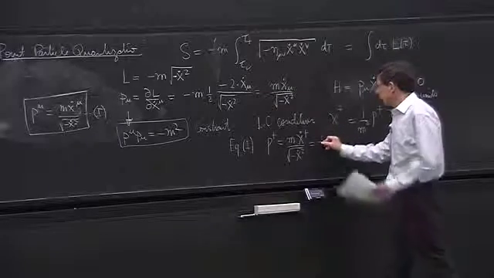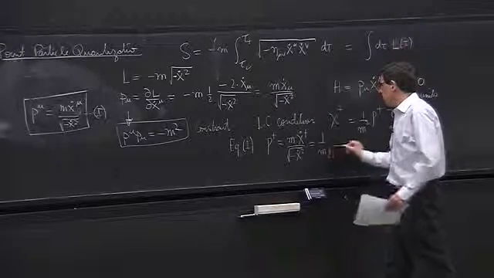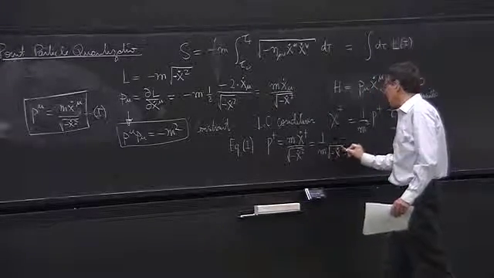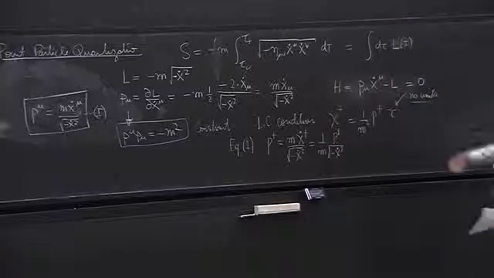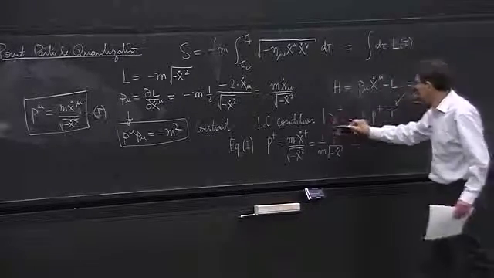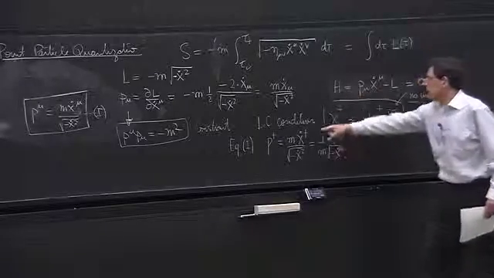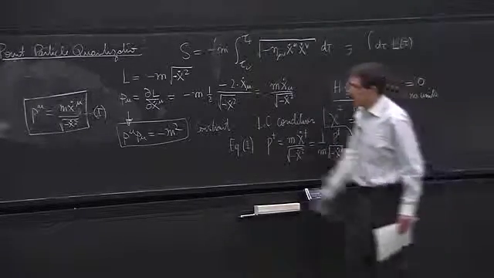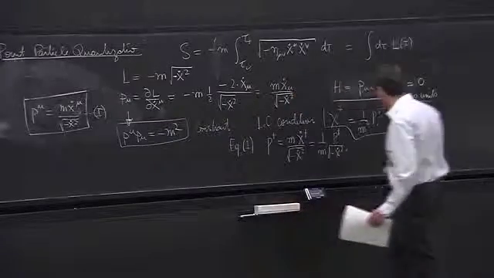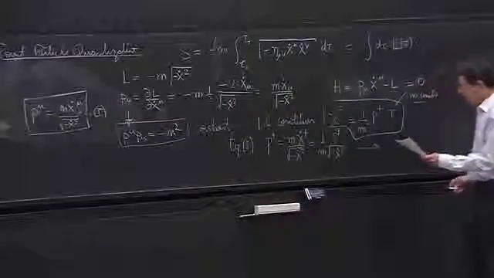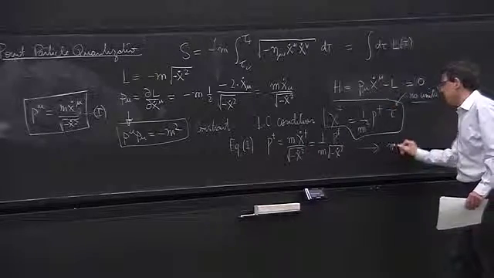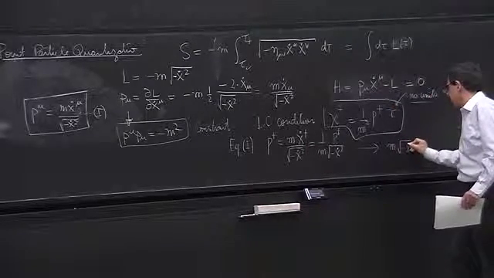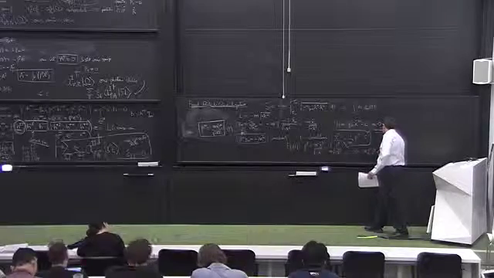So 1 over m square root of minus x dot p plus. So from this equation, you see that imposing the light cone gauge, and given the definition of your momenta, you've learned that this p plus and p plus cancel. So m times square root of minus x dot squared is equal to 1.